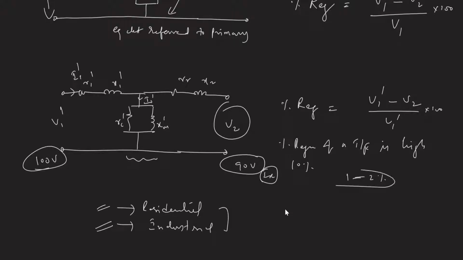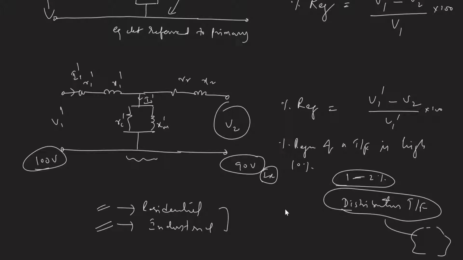But particularly in the case of distribution transformers, these are located nearer to the consumers, nearer to the residential and industrial areas. So here, if the voltage regulation of a distribution transformer is very high, this is definitely going to hamper the quality of the supply in the households, right? So we should try to minimize the regulation and design a transformer whose regulation is very low even for full load operation.